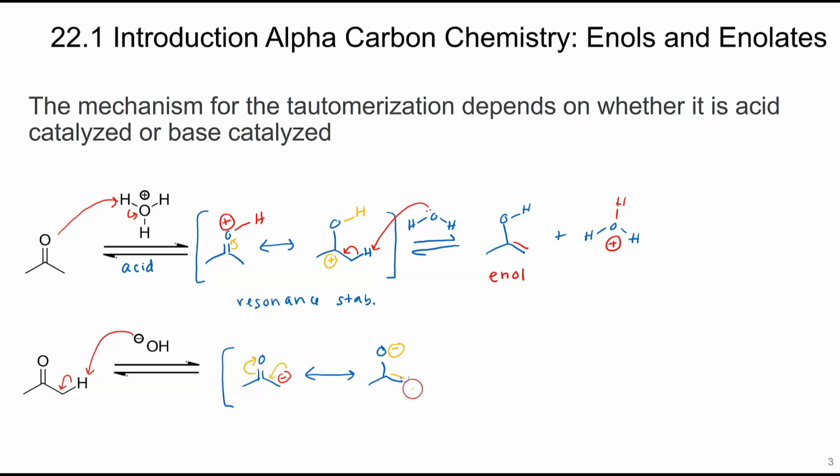Get O-, and this here, this is your enolate. And then protonation with water forms the enol. So you want to notice in both of these situations, these reactions are reversible.